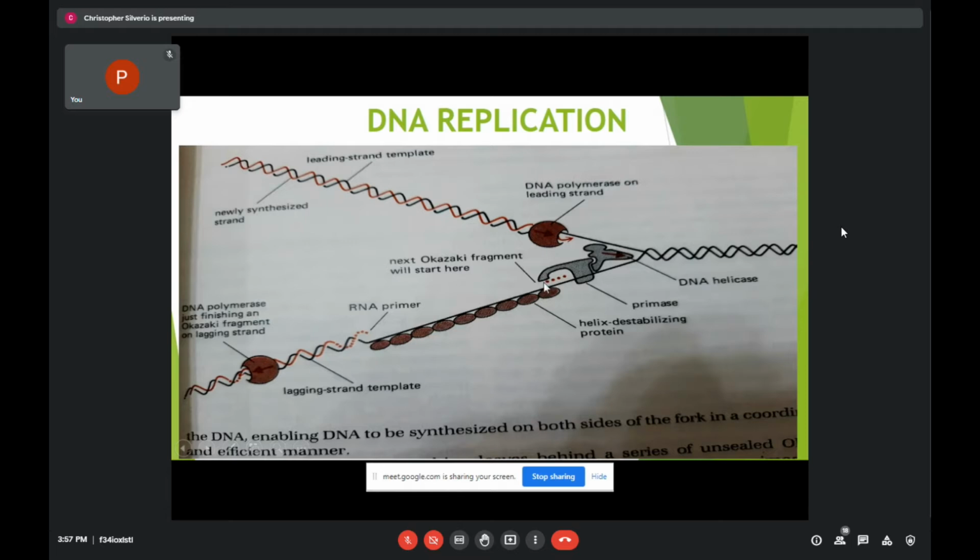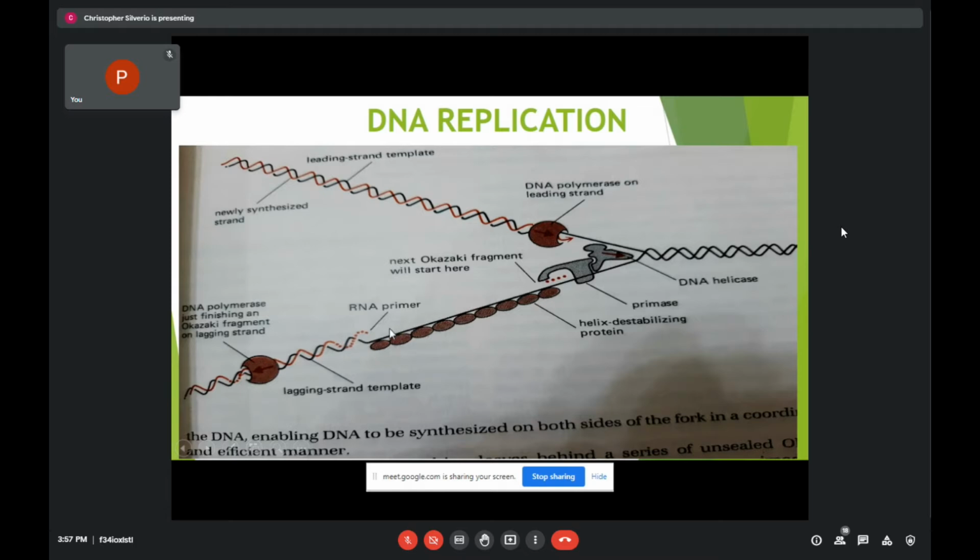Okay. So what will happen, class, is that the DNA polymerase now will bind into the primer, the short primer, and then it will start synthesizing the lagging strand. It will start replicating the lagging strand.